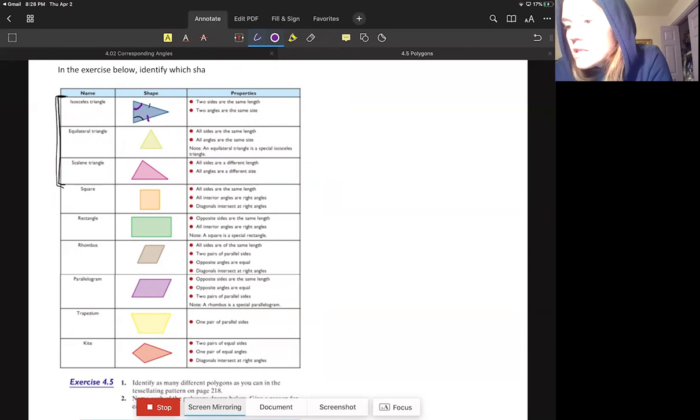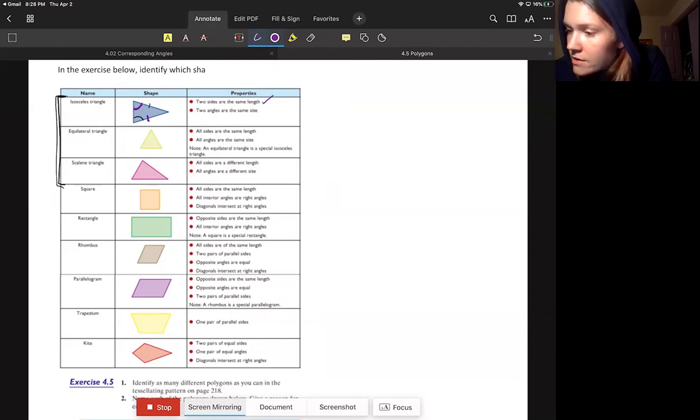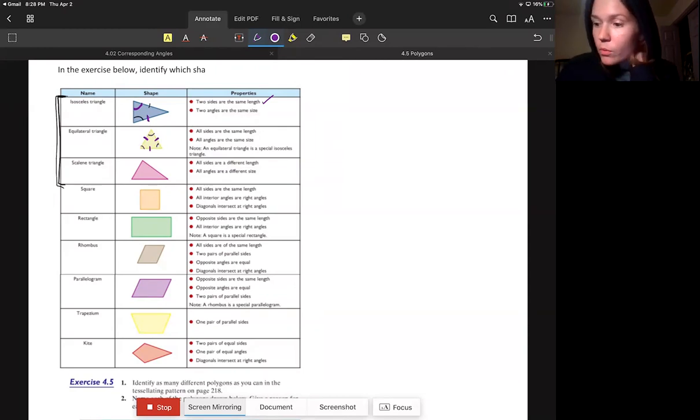Okay, so if this side and this side are equivalent, then this angle and this angle are equivalent. So that's isosceles. Next, we have an equilateral triangle. What that means is this side, this side, and this side are all equal to one another. And so also this angle, this angle, and this angle are all equal to one another.